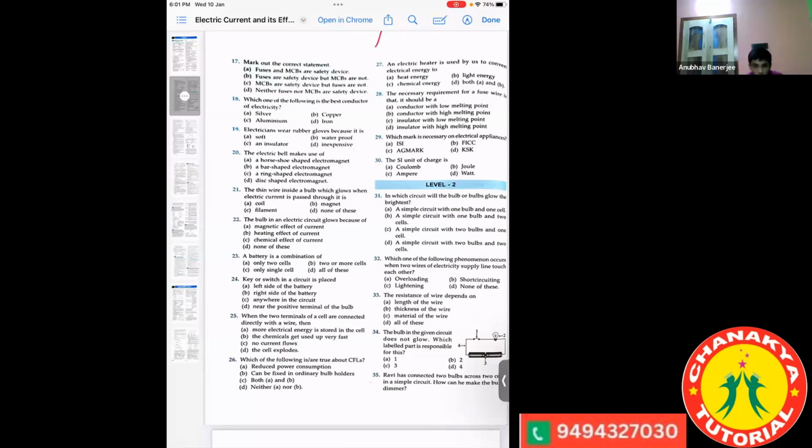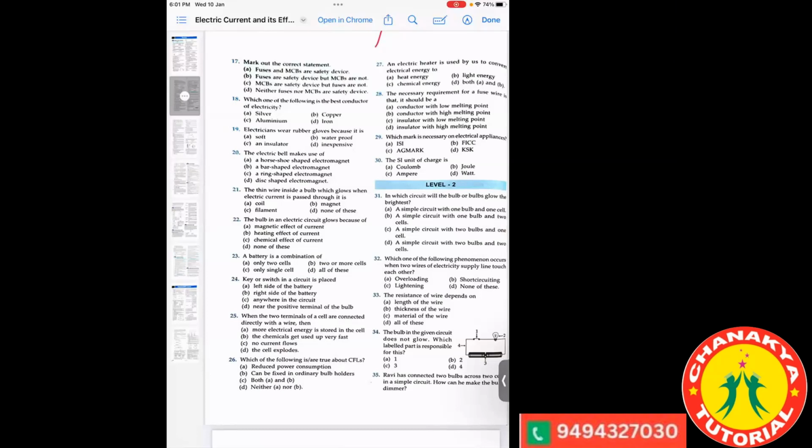Ma'am, in question number 31, it is written, in which circuit will the bulb or bulbs glow the brightest? Ma'am, I have written option B. Okay, so option B is a simple circuit with one bulb and two cells. Why are we saying option B?